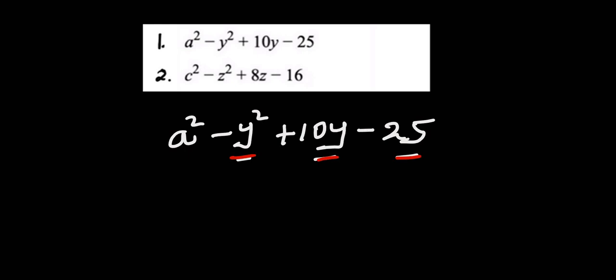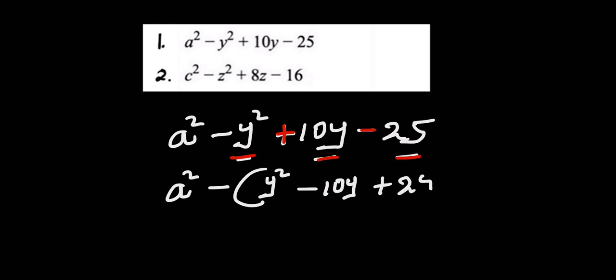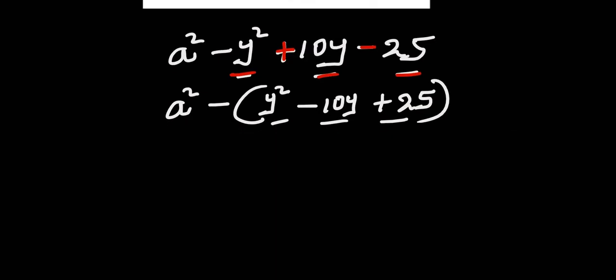Once that happens, we're going to have a squared negative open parentheses y squared, and now change the sign: change this positive sign to negative, so negative 10y, and also change this negative sign to positive, plus 25. So let's factor this quadratic.